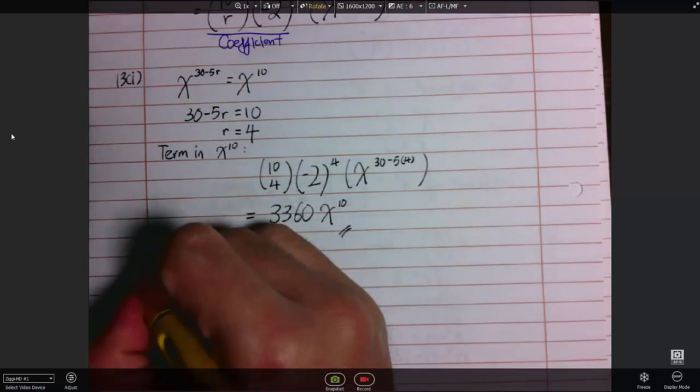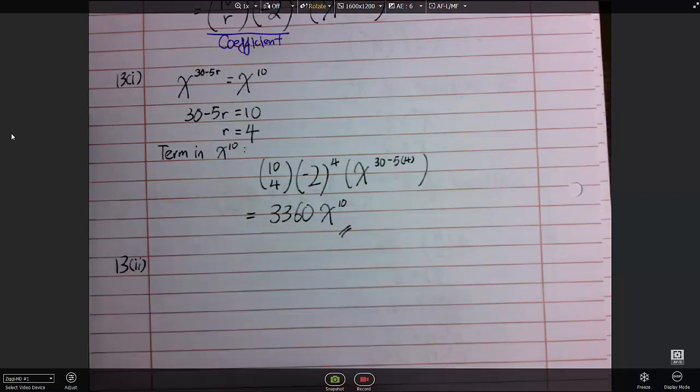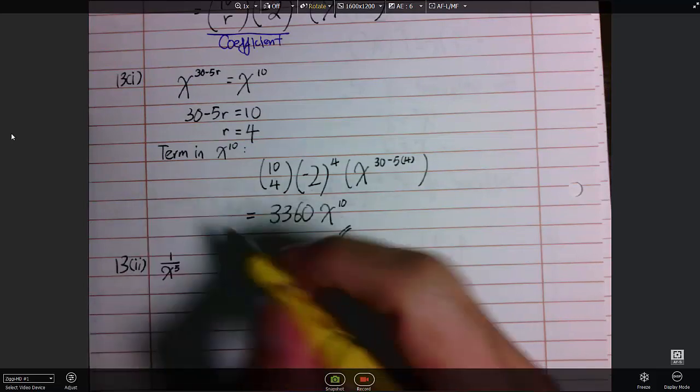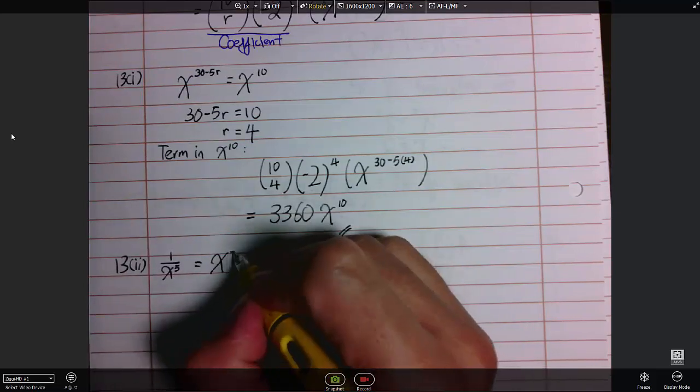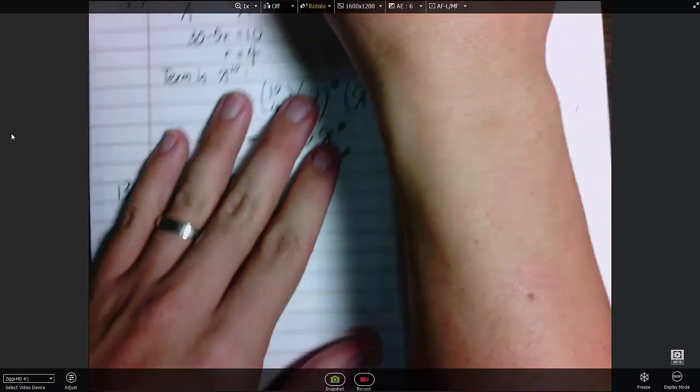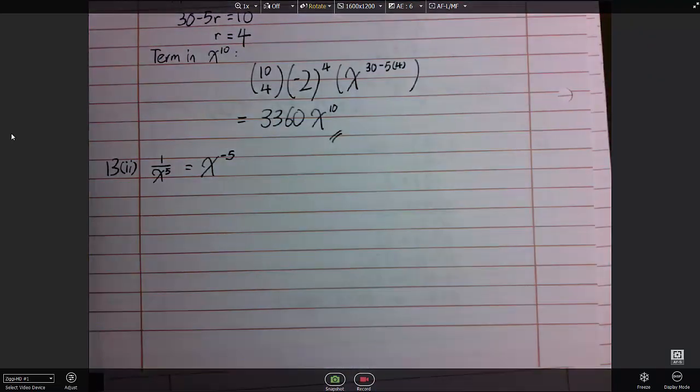Now I move on to 13 part 2: the coefficient of 1 over x to the power of 5. I can rewrite it as x to the power of negative 5, a negative index. You may ask, why would I want to do that?